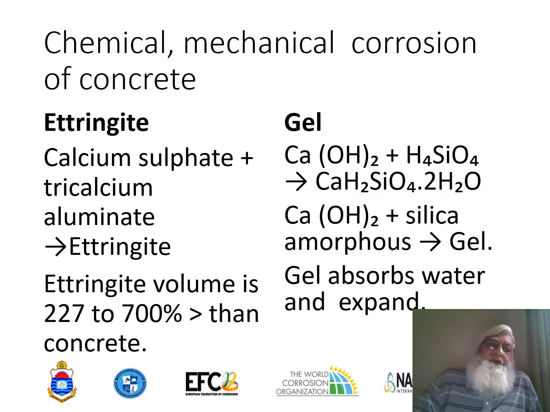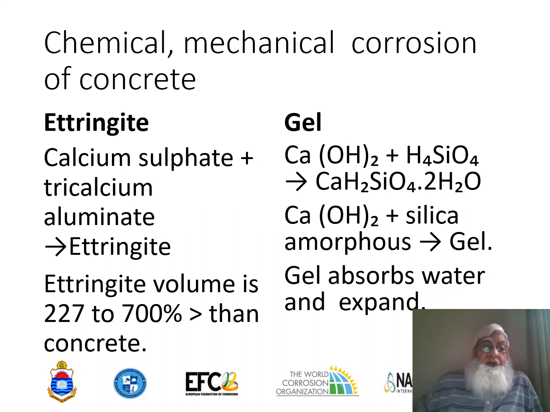This slide shows the chemical mechanical corrosion of concrete. The calcium sulfate in the concrete can react with tricalcium aluminate, forming ettringite. Ettringite is a complex compound of the concrete mixture.